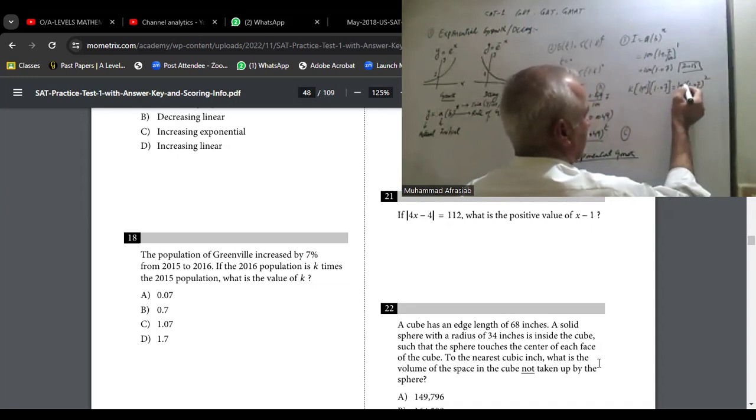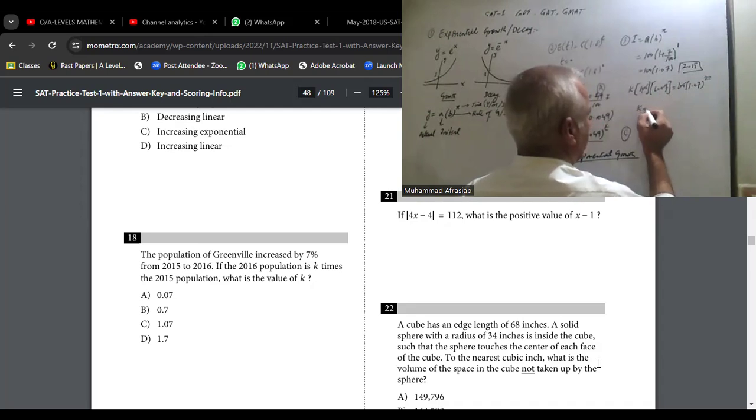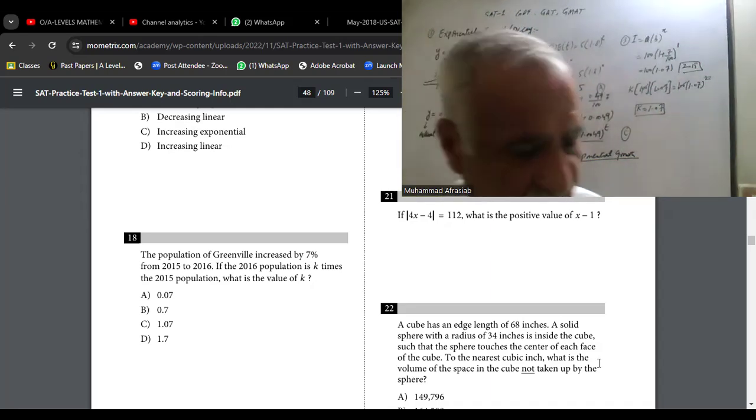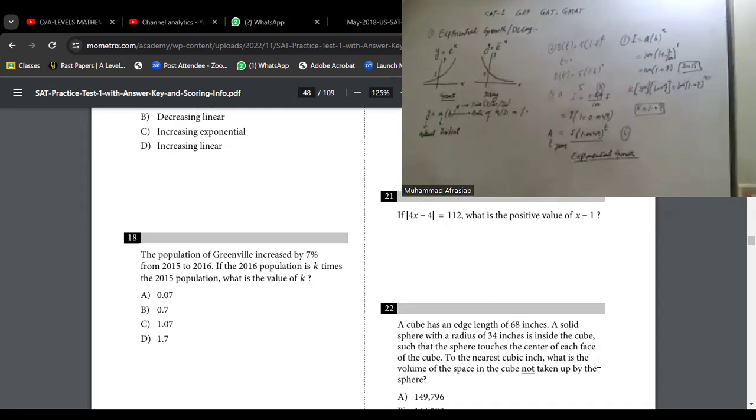So 100 is going to be cancelled by 100, and this power is going to be cancelled by this. So the k value is equal to 1.07, which is choice C.